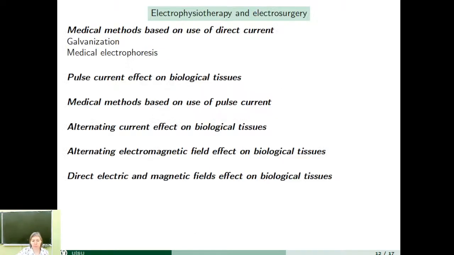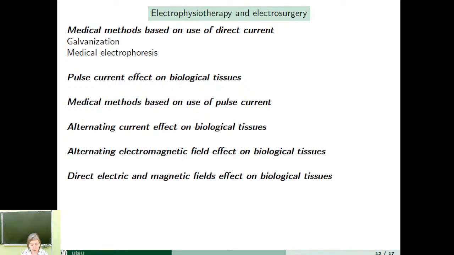And let's talk about electrophysiotherapy and electrosurgery. Electrical current effects on tissues depend on current type. The following currents can influence tissue: direct, pulse, and alternating ones.